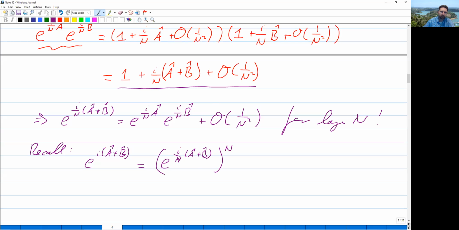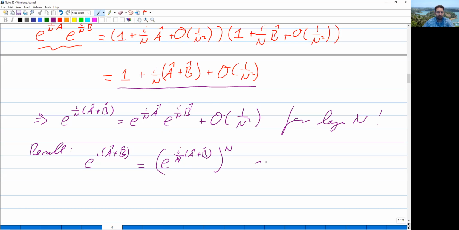That's an n here. All right. But we also know that this is approximately that. It becomes that when n is very large.